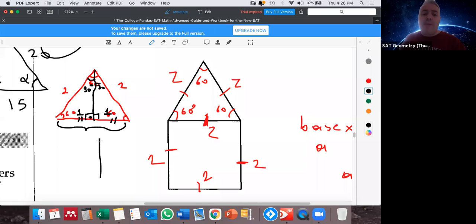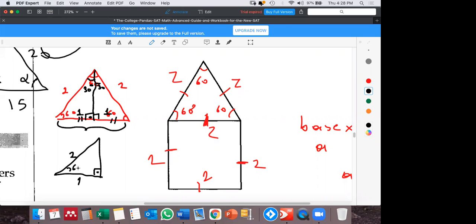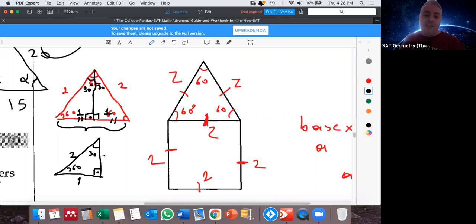Now, do you remember the special triangle we talked about last lesson? 1, 2, 60, 30. This is directly root 3. Do not forget this. It's so important. Everywhere you need this triangle. So now what is the area of a triangle? Area of a triangle is base times altitude divided by 2.